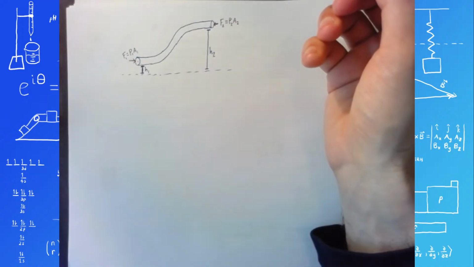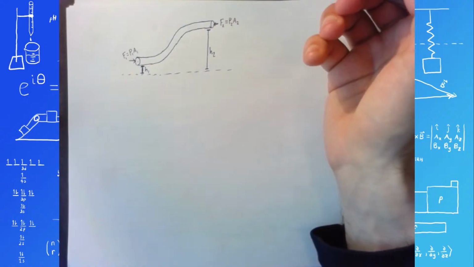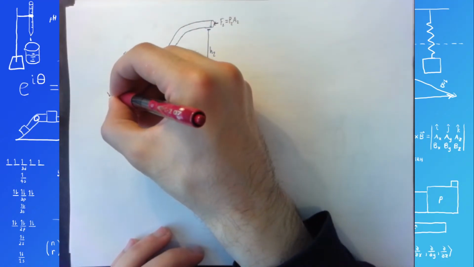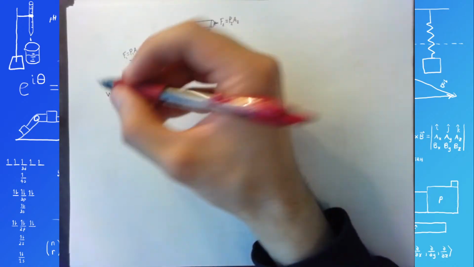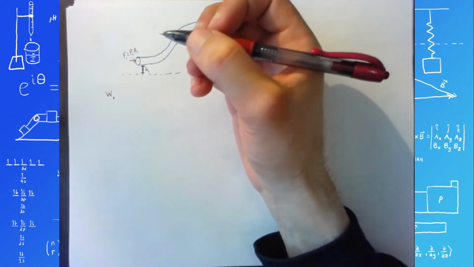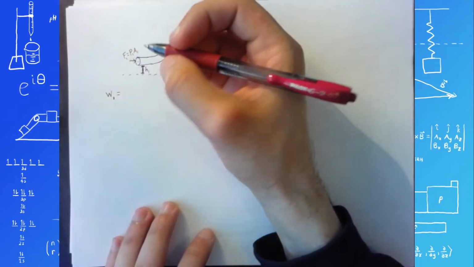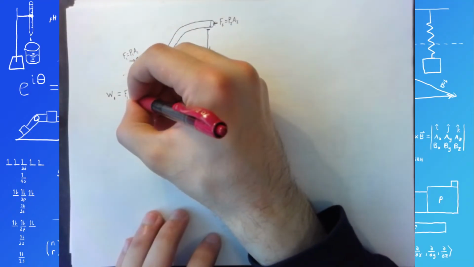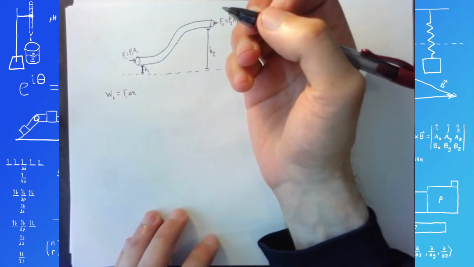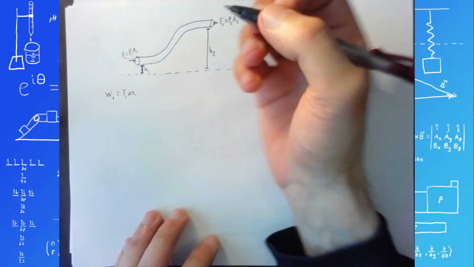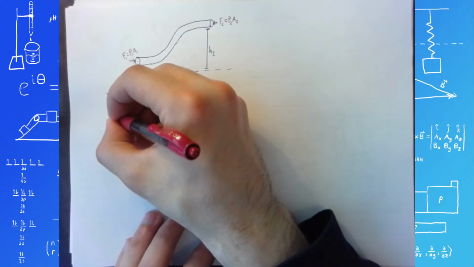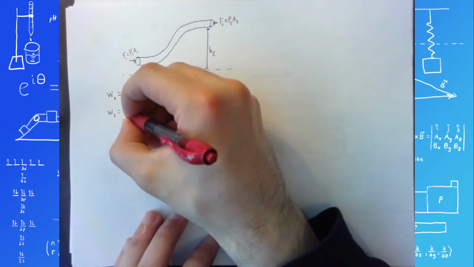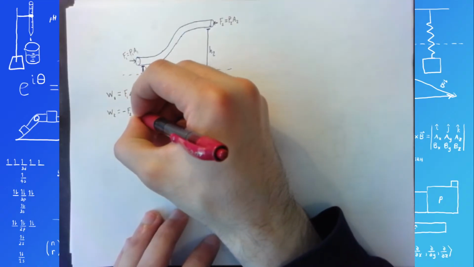Let's see, work done at point 1 would be equal to F1 times delta x1. Work done by force 2 would be negative F2 delta x2.